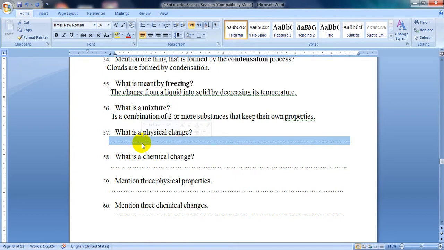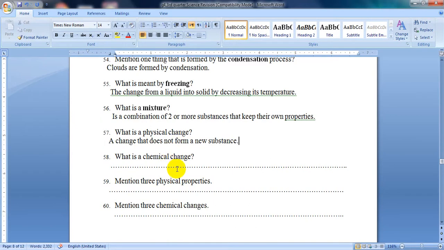So, a physical change is a change that does not form a new substance.